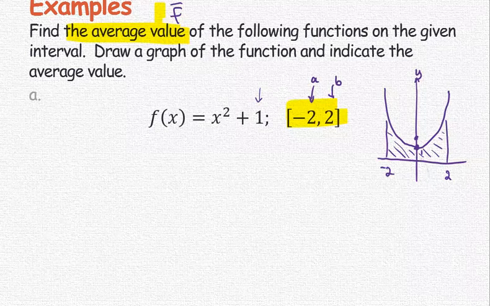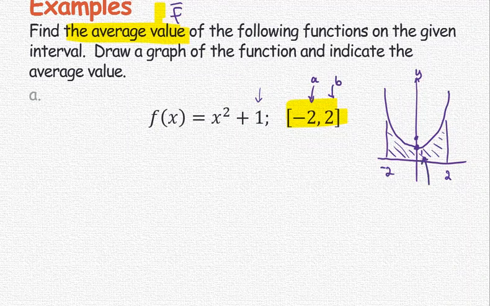So this is the function value 1, which is f at 0 equals 1. The maximum height, which is from the graph, is easy to calculate. The function value at 2 would be 2 squared plus 1, or 5. So the average function value should be somewhere between 1 and 5.